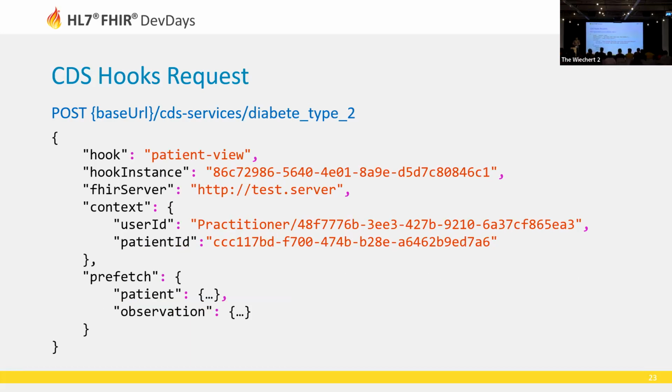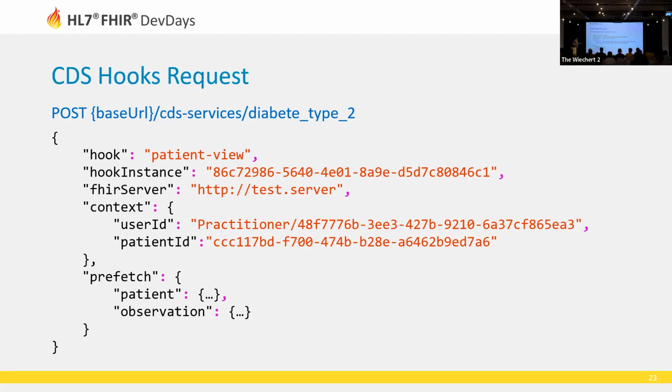So you may not know which is which. And so as you see here, we also include the FHIR server URL. That's because we did not send all the information to the service. So it will have to use this server to get the final information that it needs.